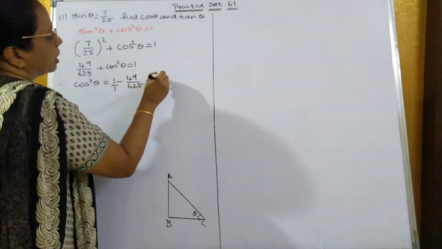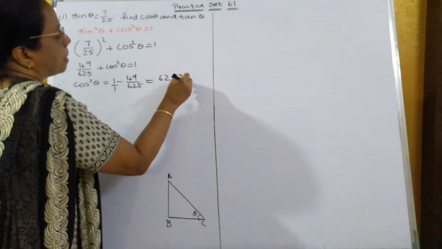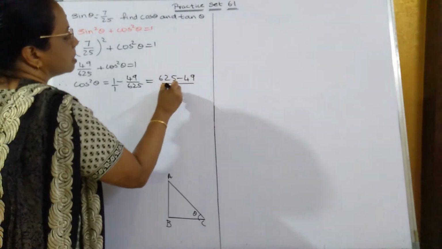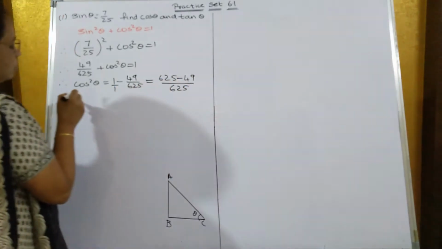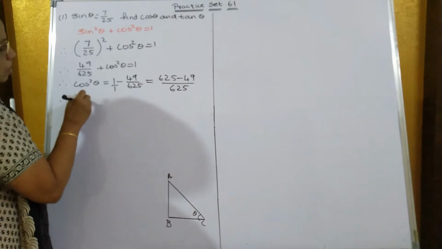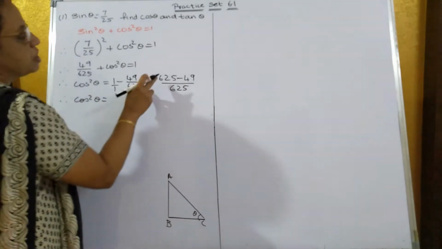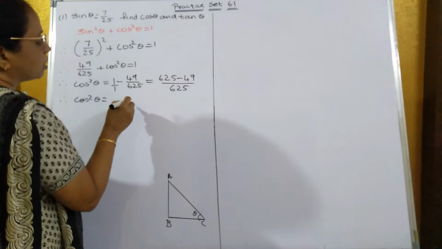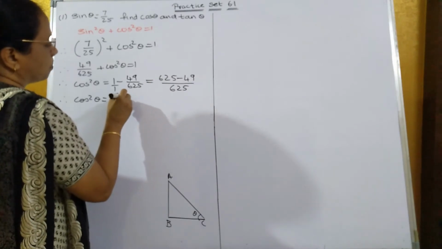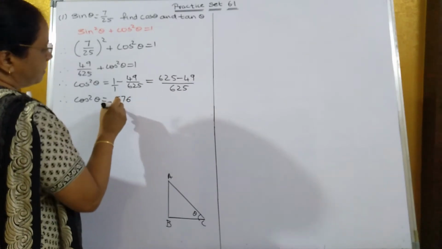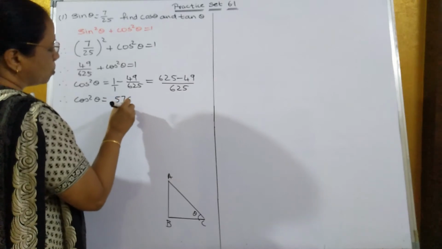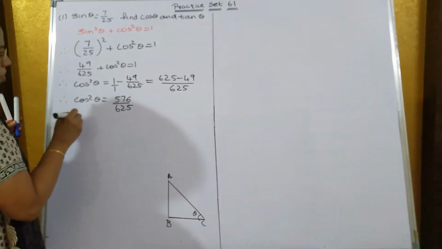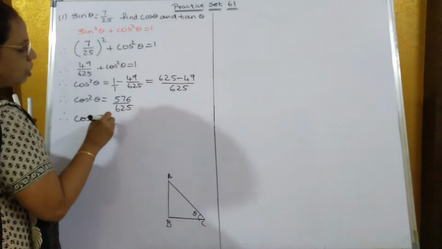So you will get 625 minus 49 upon 625. Now when you subtract, therefore cos square theta is equal to what? 625 minus 49 is equal to how much? 576 upon 625.